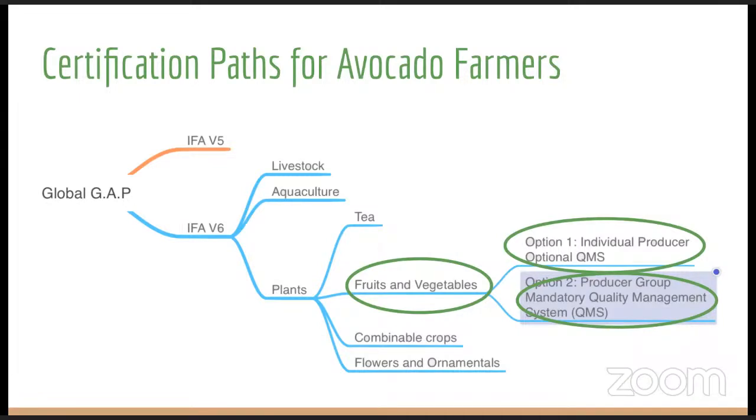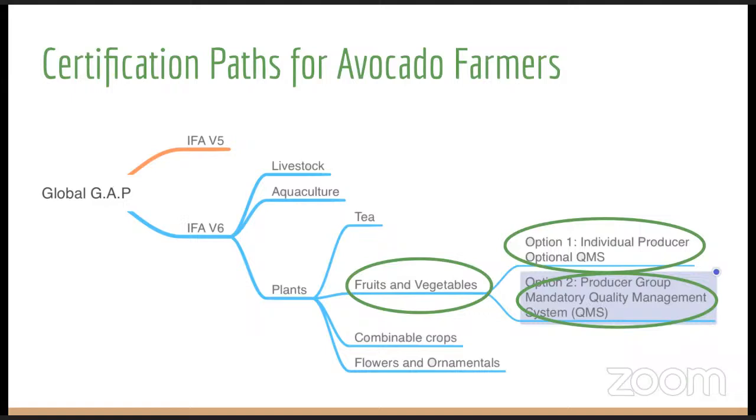As with many things, Global Gap sometimes can be very daunting. It can look like it's very big, lots of information, lots of things that come into play. But the way I like to see it is like peeling the layers of an onion and mapping a path through a complicated avocado orchard, which has many trees.